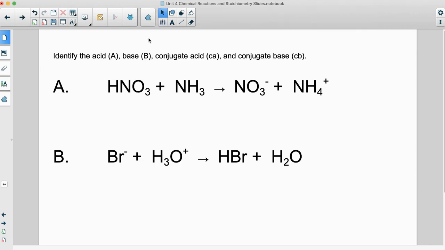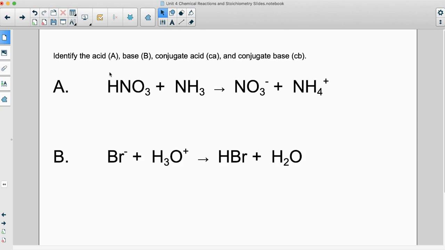All right, so now we want to identify the acid, base, conjugate acid and conjugate base. So pause the video if you want and do this identification, and you can refer back to the previous slide if it helps. Okay, and if we look at letter A, it looks like these two are conjugate acid-base pairs, right?